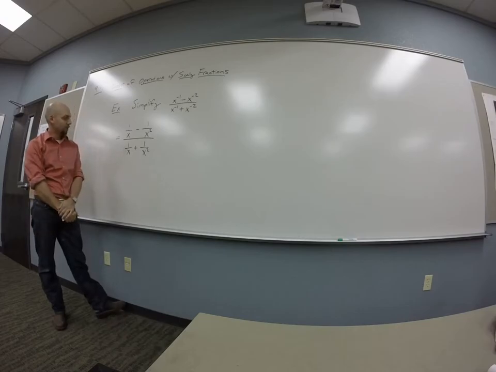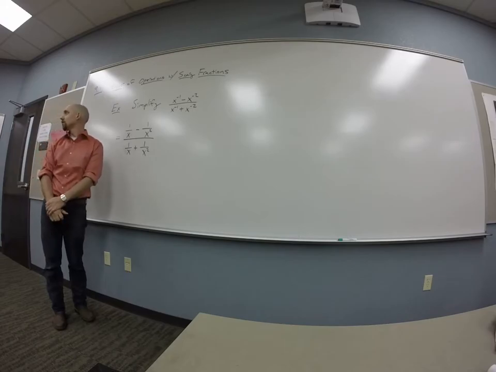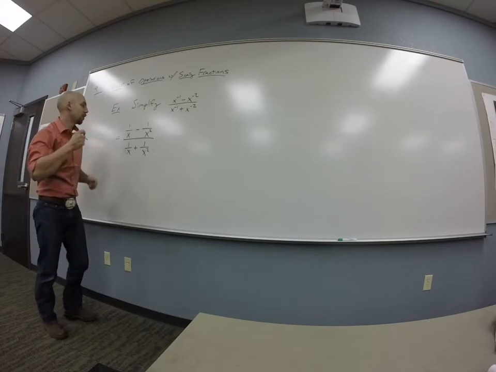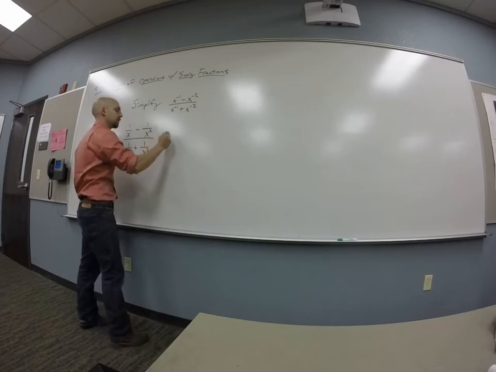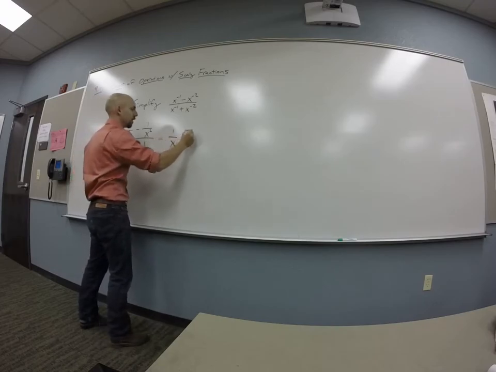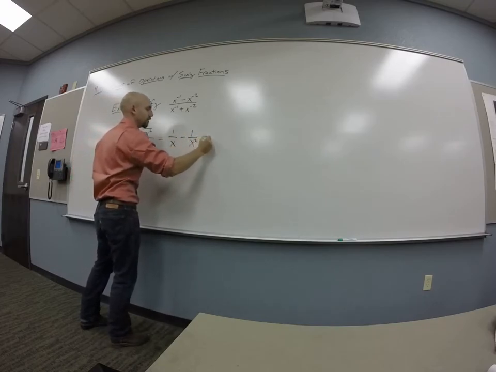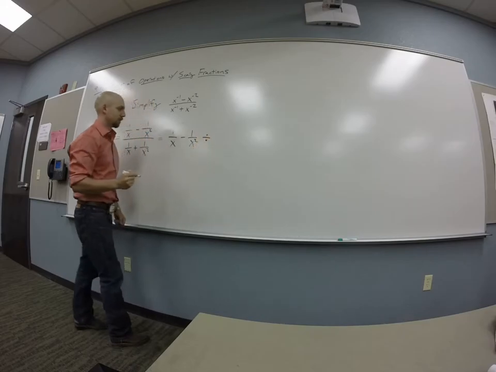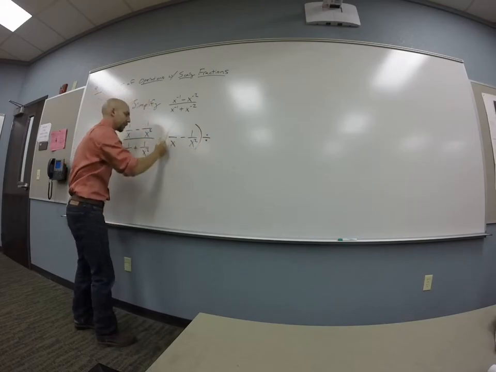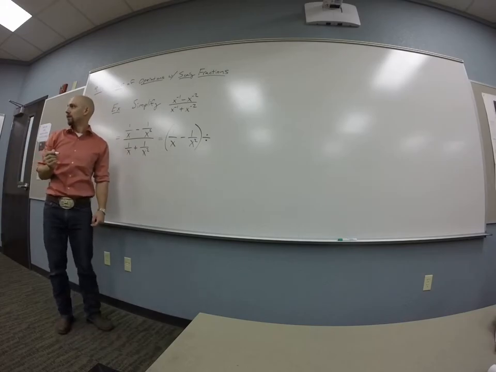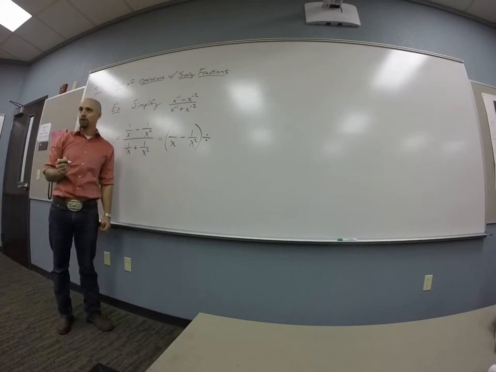Okay, so I could write this as division. That might be a good idea. So we could say, all right, this is 1 over x minus 1 over x squared divided by, oh, whoops, I need this whole thing, to keep track of my order of operations. The whole thing had to get done first.